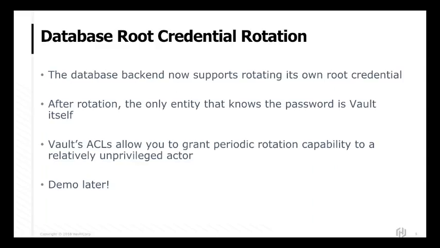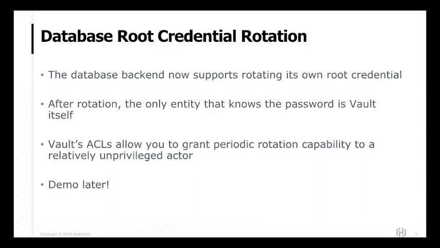Database root credential rotation. So the database backend, which generates dynamic credentials for your databases that have a lease, that are time limited, and that Vault will revoke when they expire, now supports rotating its own root credentials. So when you give Vault some kind of username and password to use for connecting to the database, Vault can now rotate that so that only Vault actually knows what the current password is.